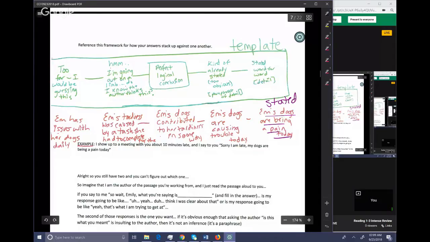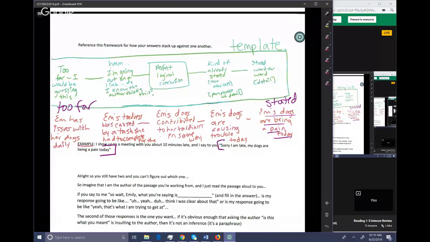On the other end of the spectrum, on the too far, if you were to say, oh, M has issues with her dogs daily. Based only, remember, we're always based only on what was said, sorry, I'm late, my dogs are being a pain today, does not give you anywhere near enough information to say, oh, she has issues with her dogs all the time. Or another example of a really extreme one would be, oh, her dogs are so ill-behaved.